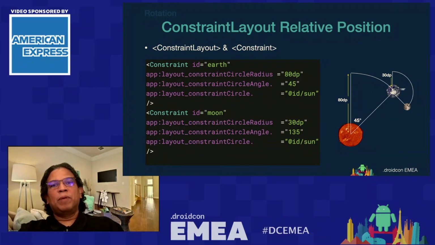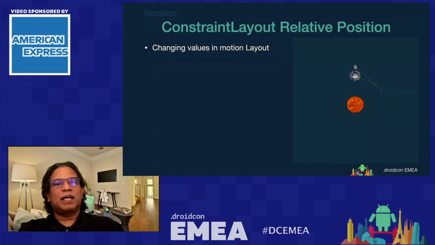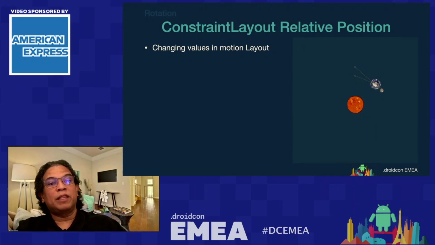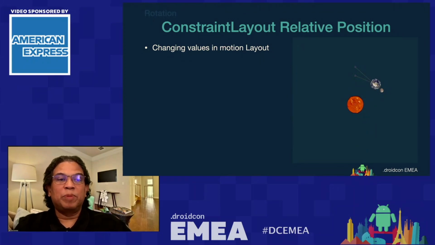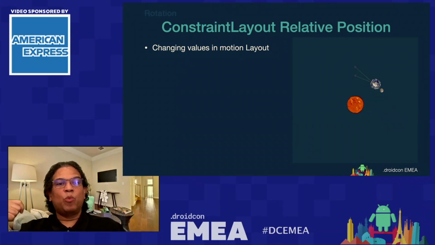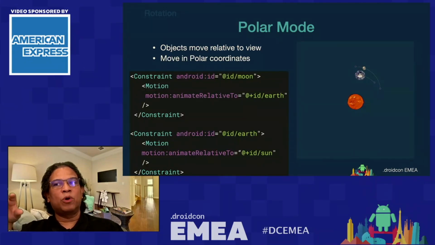But there's been a problem in that if you want to animate that stuff, the animations would do a linear positioning of everything. So they'll interpolate them as straight lines, because that's what the basic motion layout approach is. And what you want to be able to do is actually say, no, I want that to occur in polar coordinates.